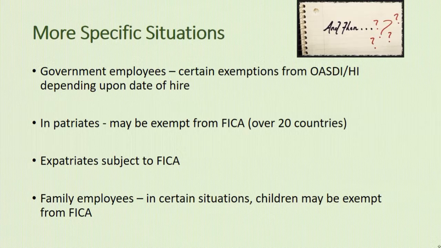Children who are under the age of 18 that are performing work for a parent are generally considered exempt from FICA. And if the work is not in the course of the parent's business, that age threshold will actually extend to 21. This particular exemption does not apply if the entity is a corporation, a partnership with a non-parental party, or an estate.